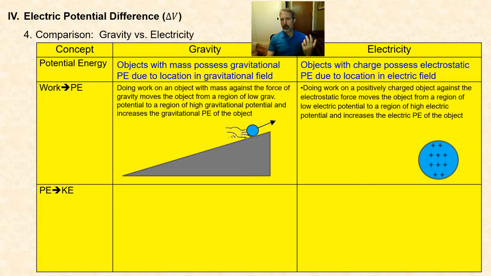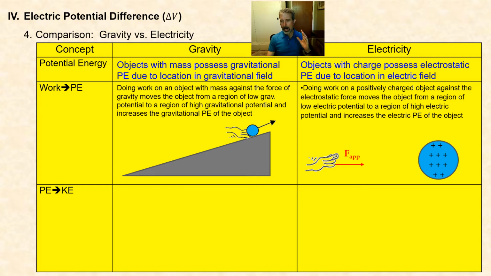Doing work on a positively charged object, take a little positive charge here, exert some sort of applied force on it, and notice that the source charge distribution is positive. So the positively charged object I'm holding in my hand here is repelled by the positive source charge distribution.